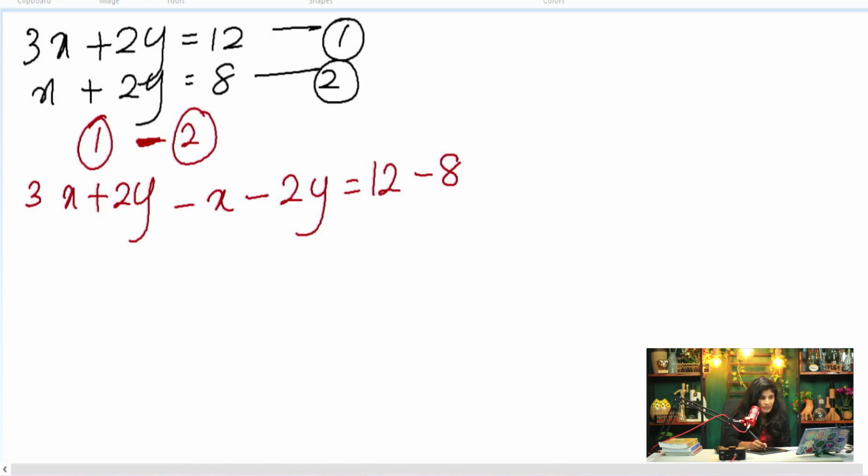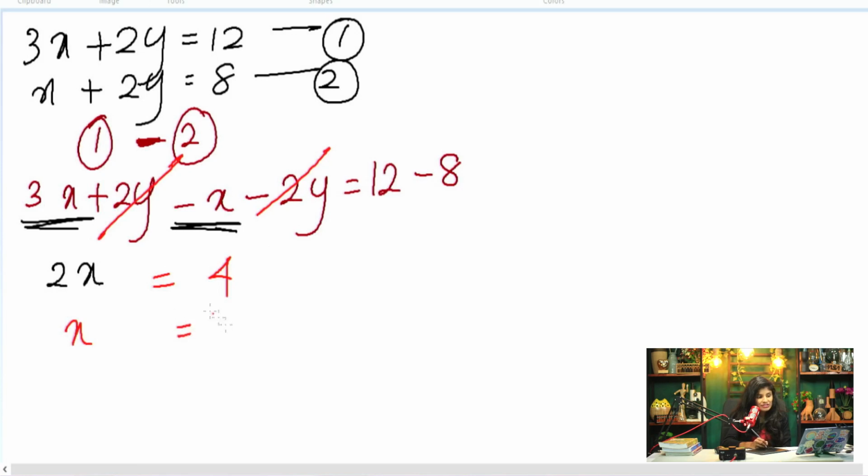Now simplifying. 3x minus x means 2x. Here positive 2y and negative 2y are simplifying, so I will cut them. Equal 12 minus 8 means, yes, that is 4. So dividing both the sides by 2, x will equal 2.